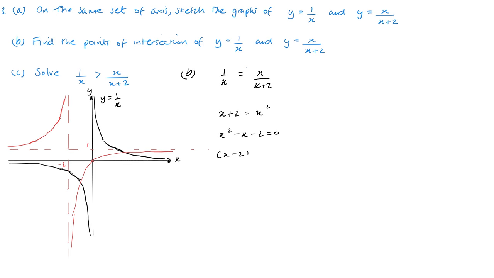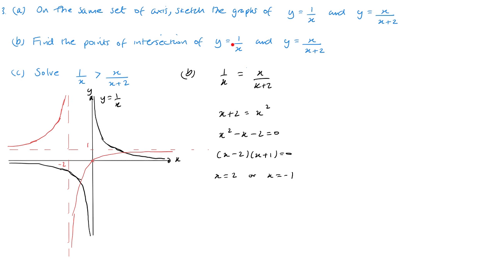So x minus 2, x plus 1. Just double check. X squared, x minus 2x minus 1x, and that's minus 2. So x equals 2 or x equals -1.